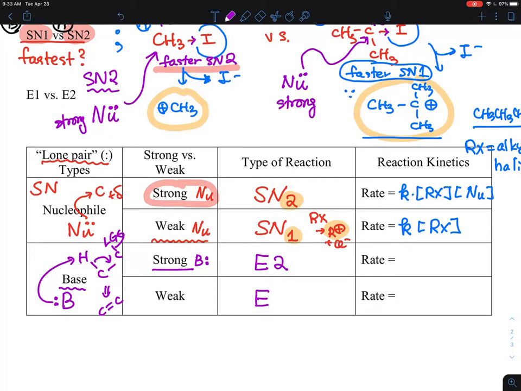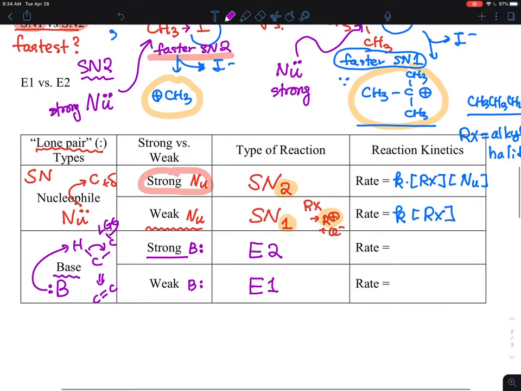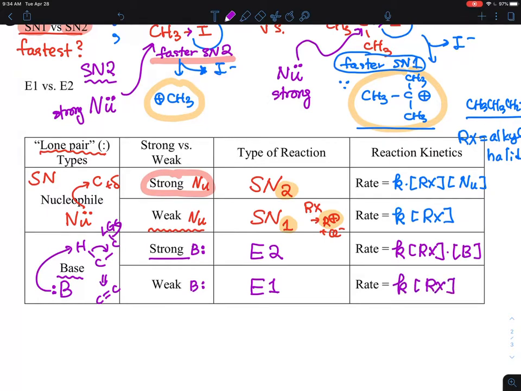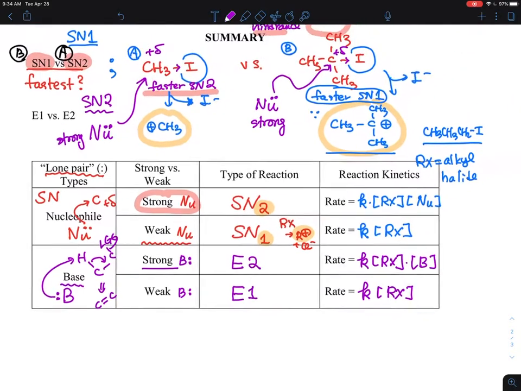Strong nucleophile means a bimolecular SN2 reaction. Strong base means bimolecular elimination reaction to generate the double bond. And so does a weak base is an E1. Right? So the same reason that you can think about, okay, so this one is RX times B, and that's a K times RX. So those are the reaction mechanisms that I added on from, I think, the last time I talked about here.